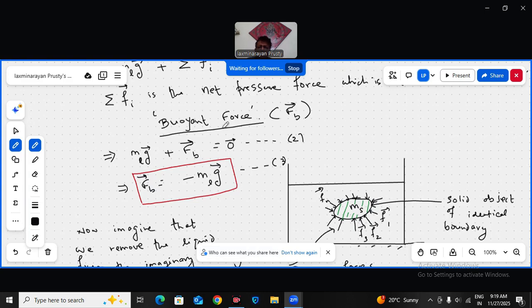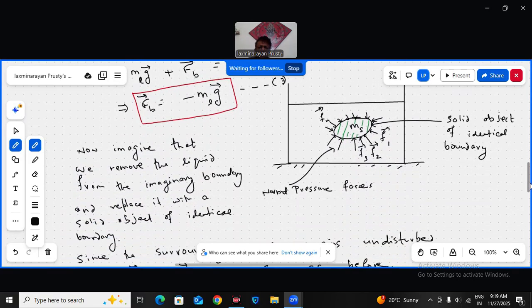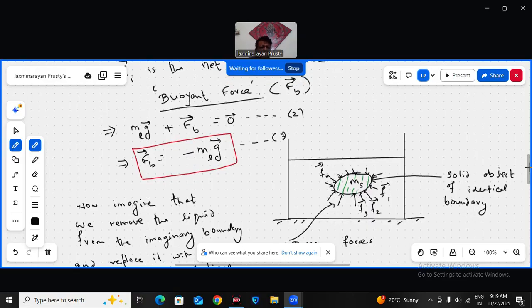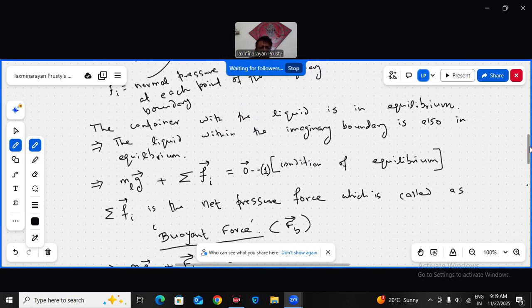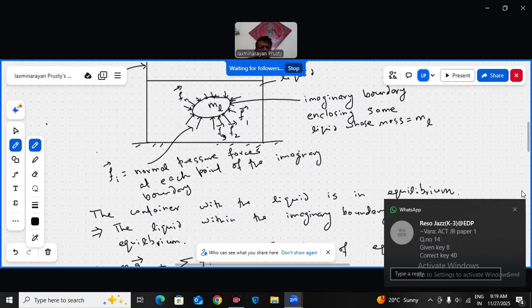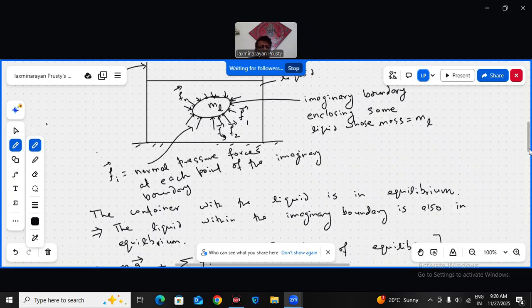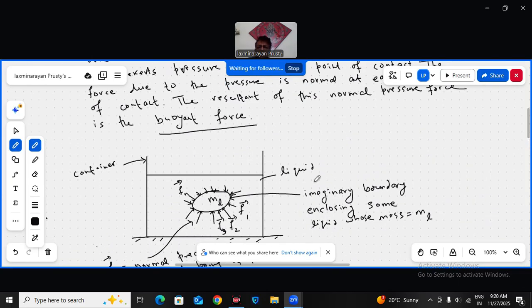Understood this? It was a very nice proof because we did not assume any shape or size of the body, and this is quite convincing. Am I clear?